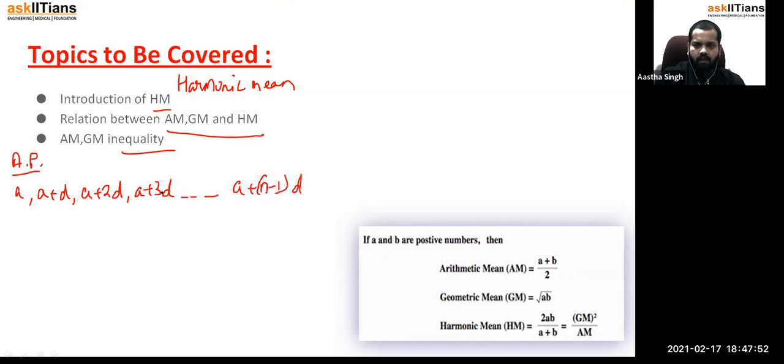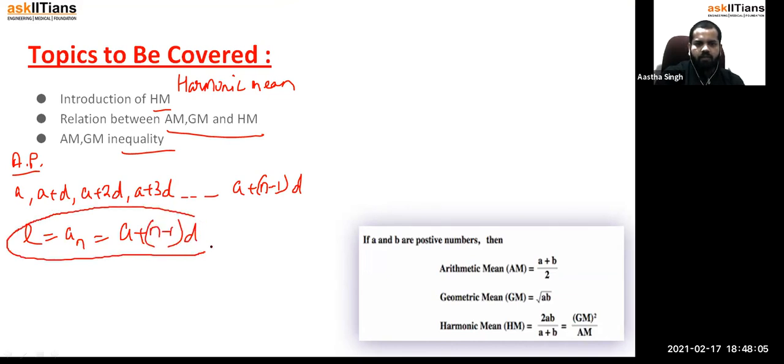The last term, the nth term, is a plus n minus 1 multiplied by d. This is what we have studied till now.